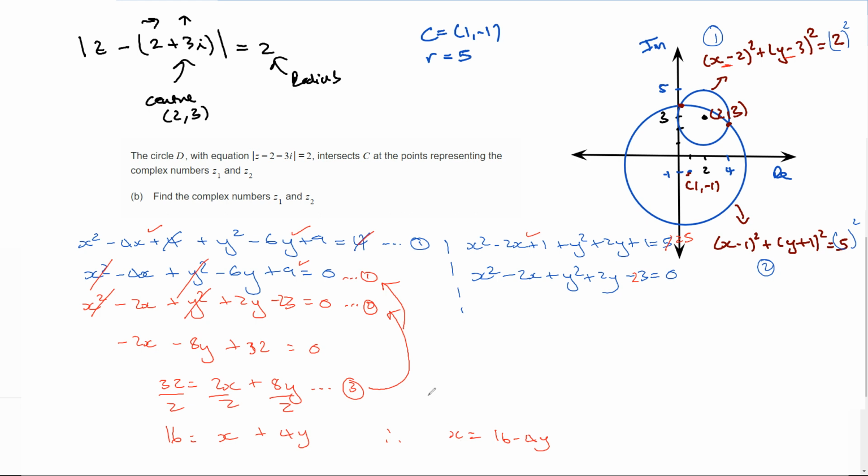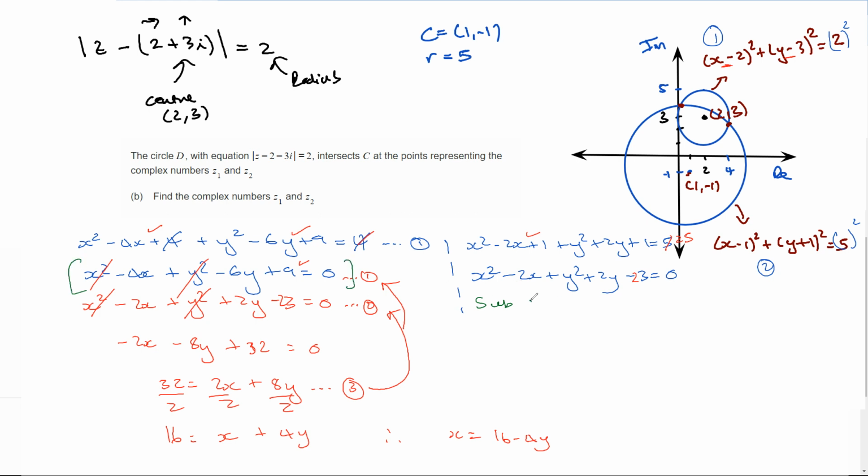And now that I have x in that form, I can substitute it back into one of the equations, replacing x with this expression in terms of y. Let's suppose I substitute it into the simpler of the two equations, preferably this one over here.